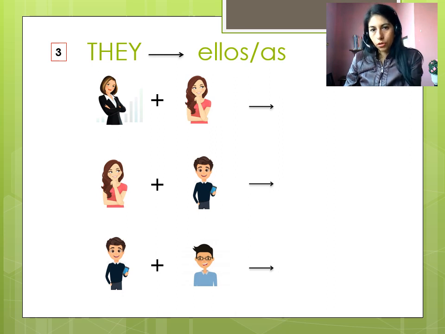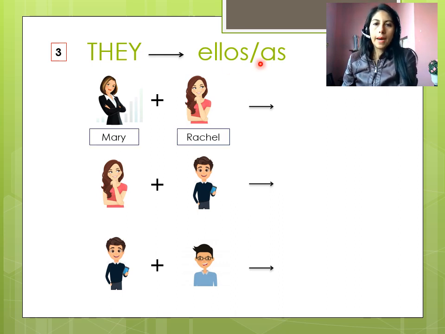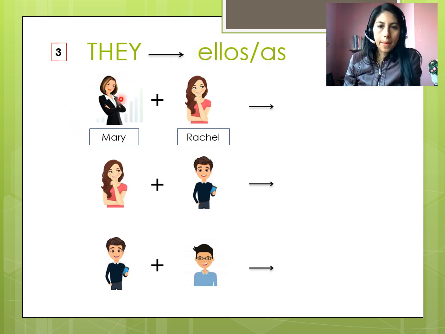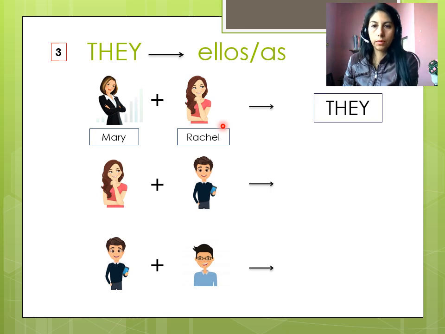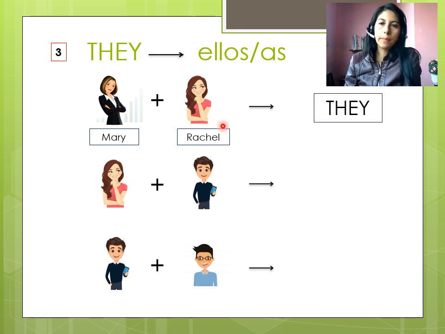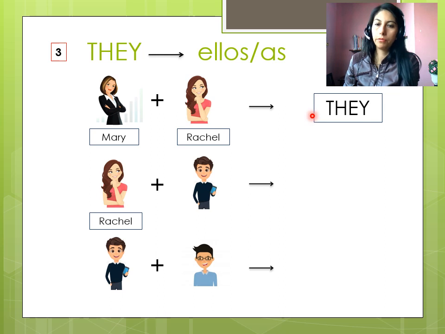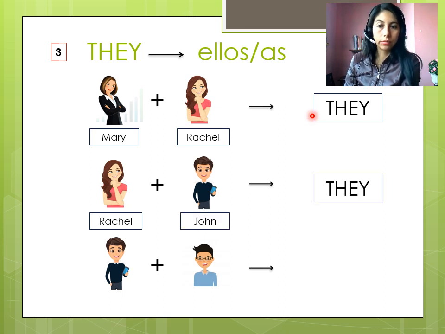They, ellos, ellas in Spanish. Okay, class. So if I talk about the subject pronoun they, that in Spanish means ellos, ellas, my example here says Mary and Rachel. Two people. I use my subject pronoun they. Rachel and John.